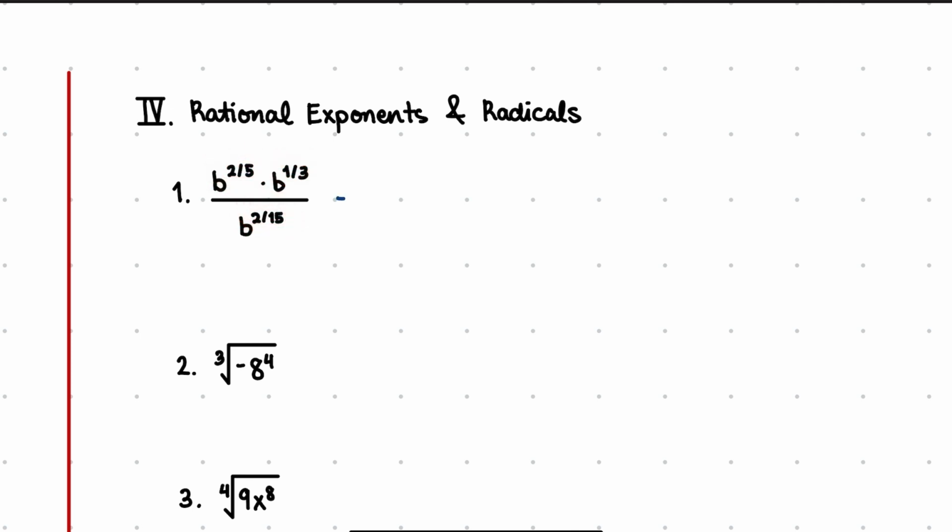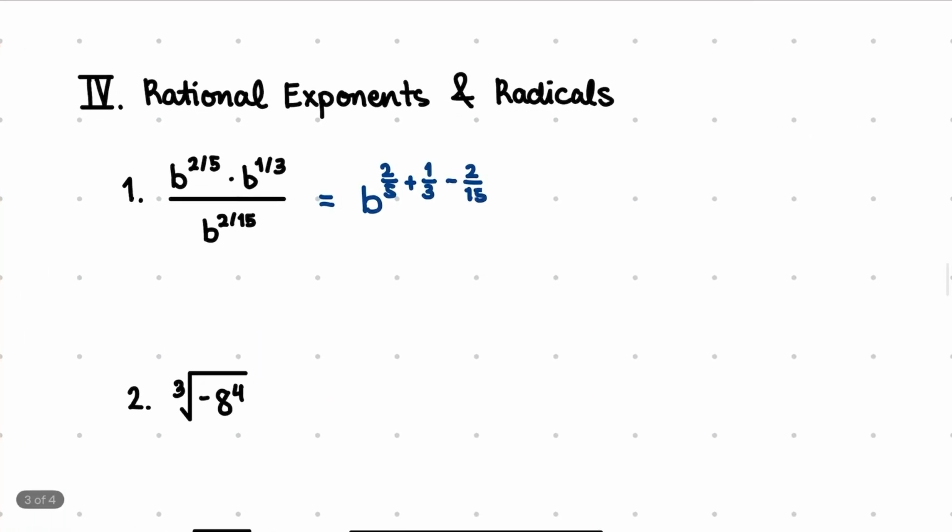So we will have here b raised to 2 over 5 plus 1 over 3 minus 2 over 15. And then from here we just simplify this one.